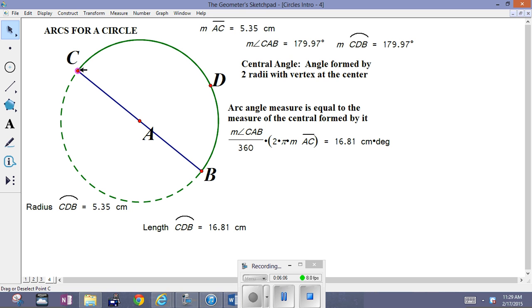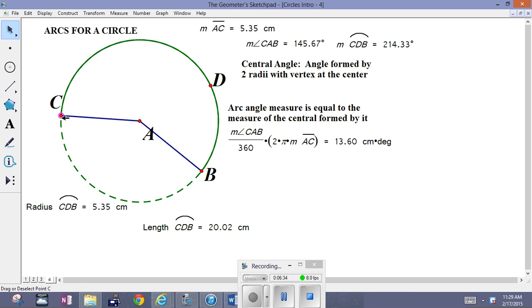So we would name this CDB, because that tells us the direction, as opposed to the dotted direction over here. Major arcs need to be named with three letters too. Now we're looking at major arcs. Major arc CDB is this arc here, which is in excess of 180 degrees.